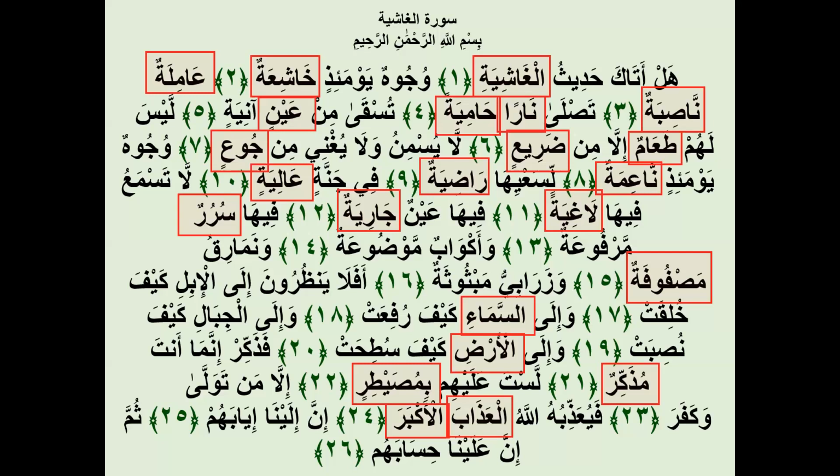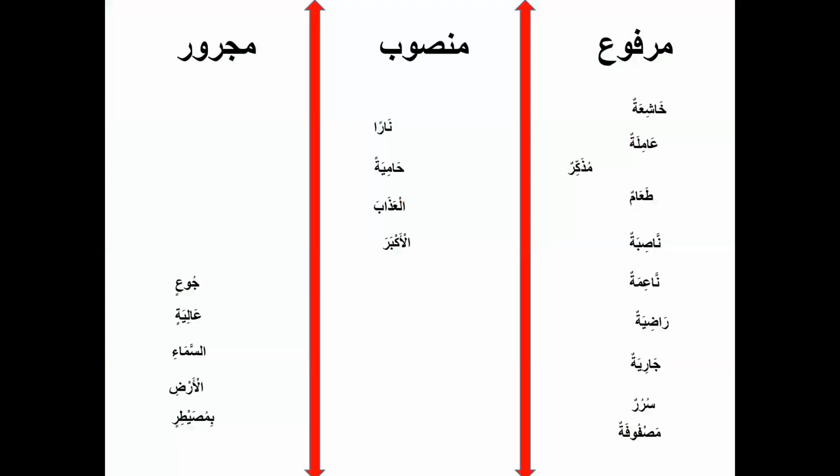You have to know which are the feminine nouns, and now you have to check the i'rab of these words, which I already marked in a rectangle with red color. You can take a screenshot of this screen, and then do it.